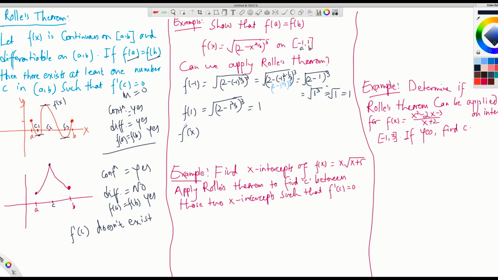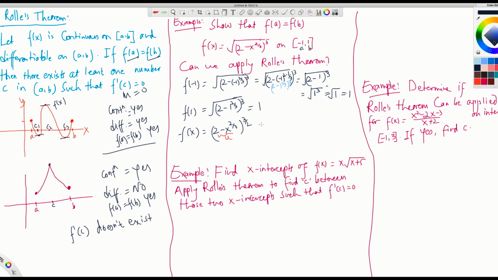f(x) can be written as (2 minus x to the 2/3) to the 3/2. So how do you find the derivative of this? This is like u to the 3/2.